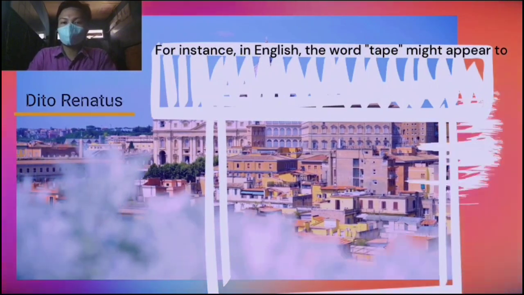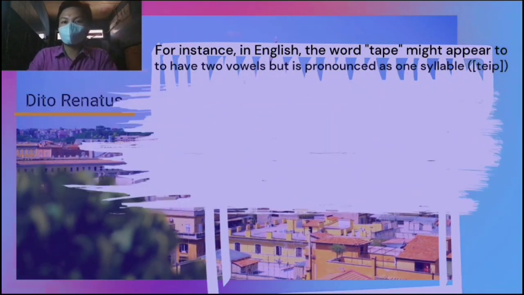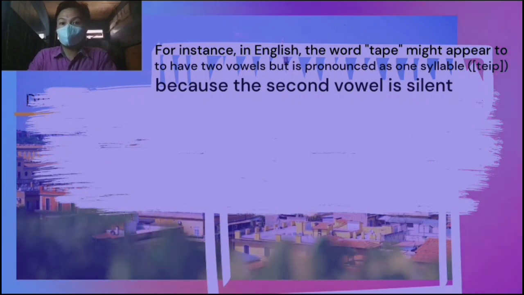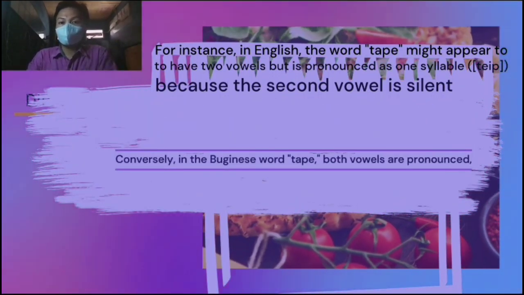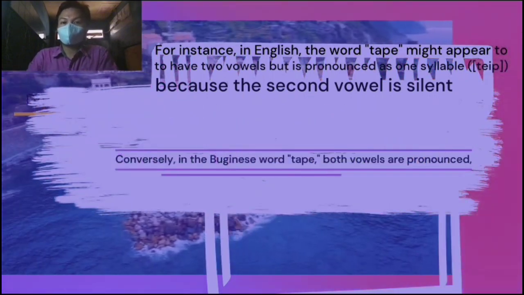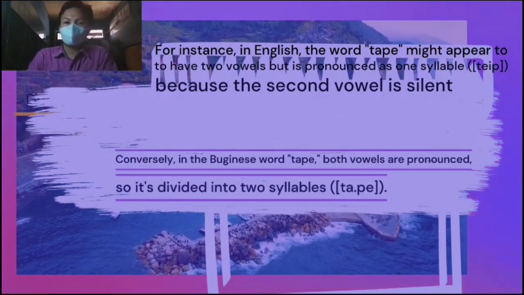For instance, in English, the word tape might appear to have 2 vowels, but it's pronounced as one syllable, because the second vowel is silent. Conversely, in the Buginese word tape, both vowels are pronounced, so it's divided into 2 syllables.